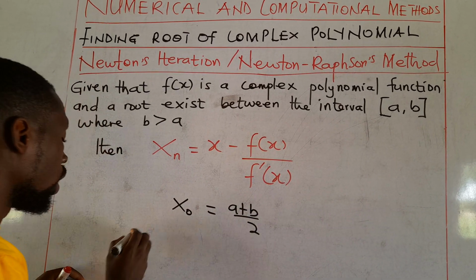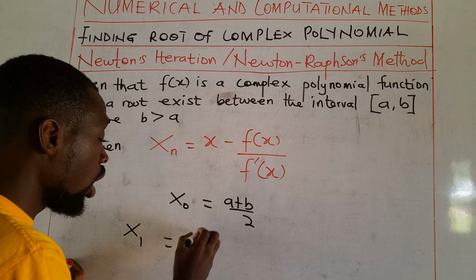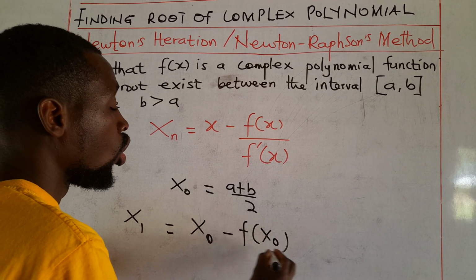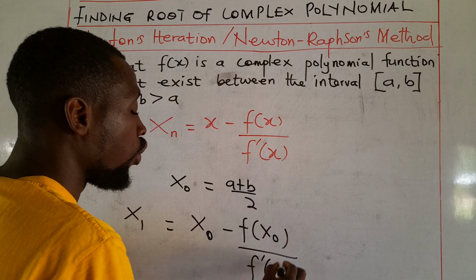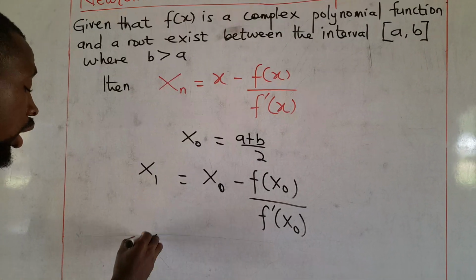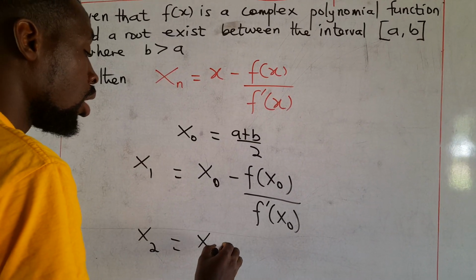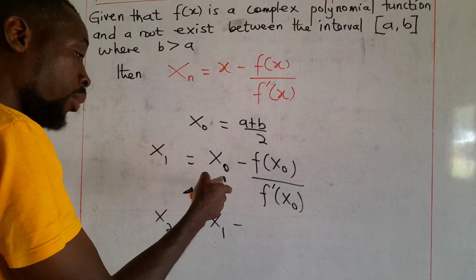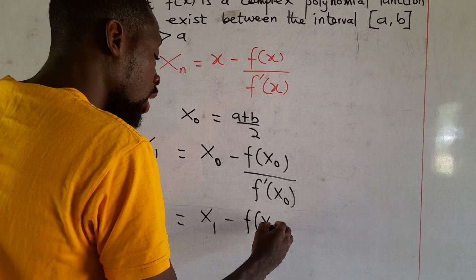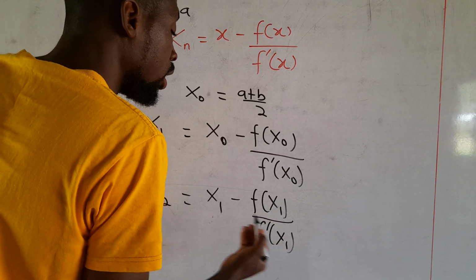As we get x naught, our x1 will be equal to x naught minus f of x naught over f prime of x naught. Then when we get our x1, our x2 will be equal to x1 minus f of x1 over f prime of x1, where we substitute x1 in place of x.